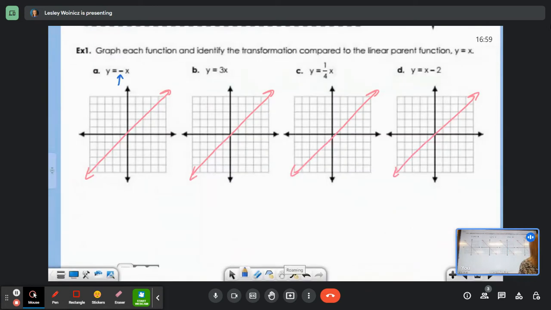So my slope is -1. My m is -1, and I have a 0 for my b value. So it still has a y-intercept of (0, 0), but now it's going down 1, right 1, down 1, right 1, down 1, right 1.